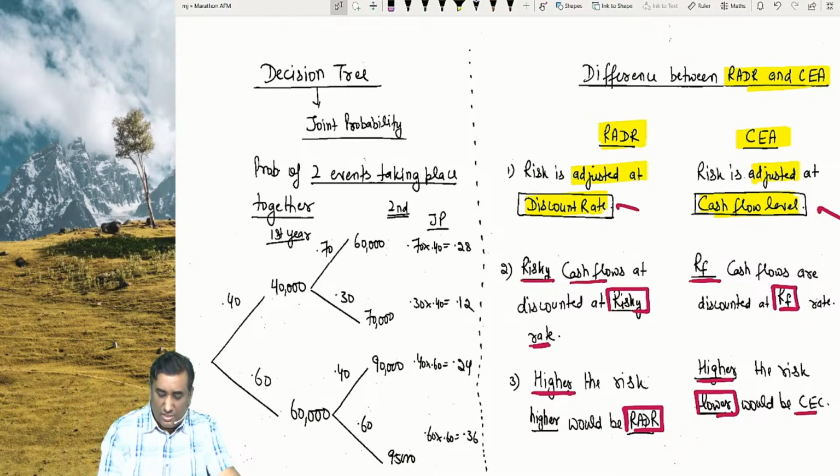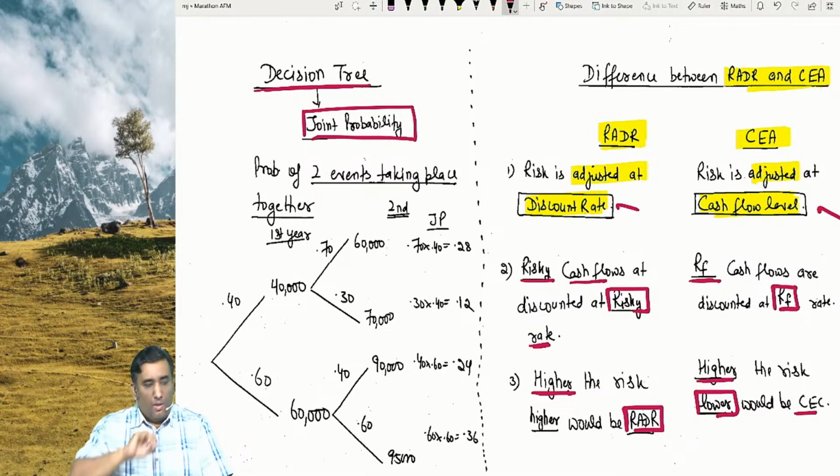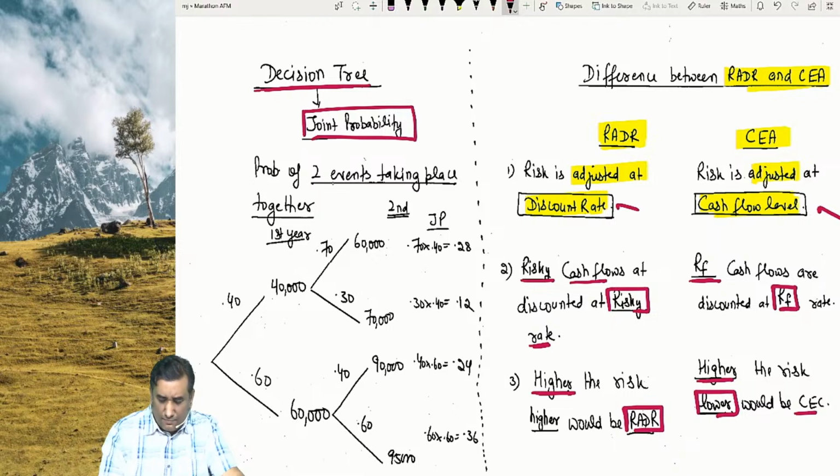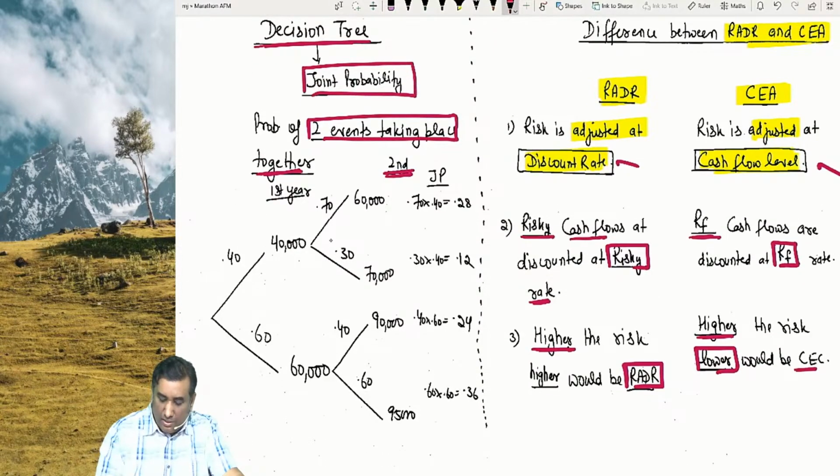Then the next part comes as decision tree, in which a concept of joint probability comes in. Probability of two or more events taking place together we call joint probability. This we would have covered in M&A also to some extent. If this happens 40, then 60 or 70 can happen.